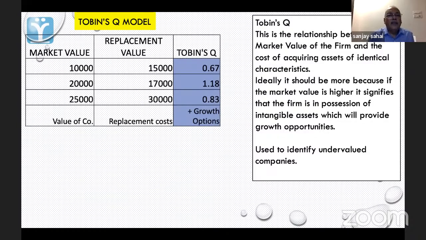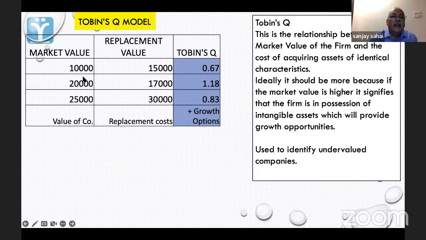So on that basis, you can look at it like this. Suppose the market value is 10 and the replacement value is 15. Then this Tobin's Q model says, if you now look at the ratio between market value and replacement value, you will see that it is 0.67.